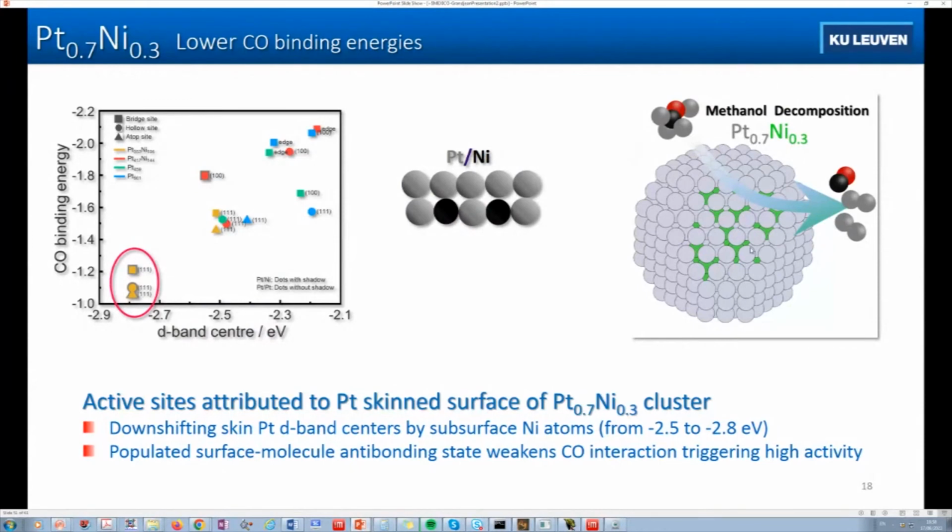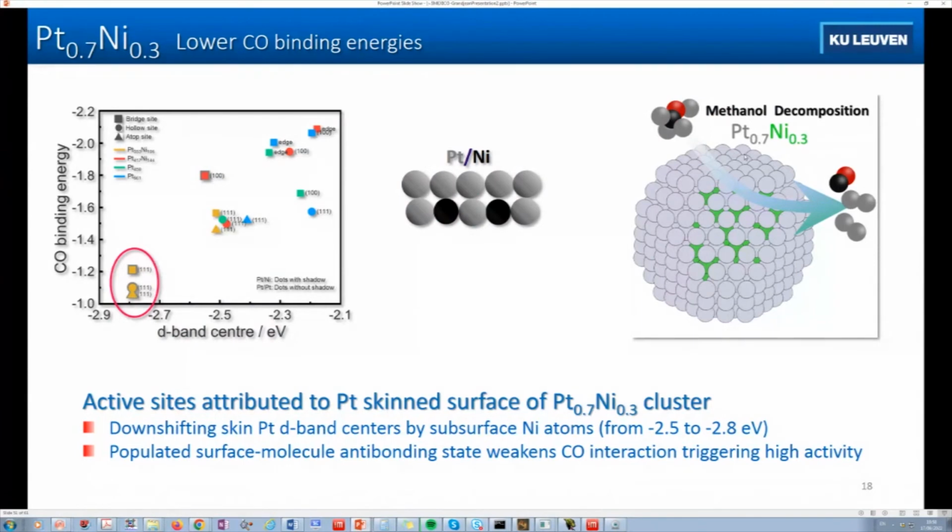And because we know also that at this composition, platinum should be on the surface. There are several proofs: we saw the electron microscopy, we saw the desorption, the XPS. It's pretty clear that platinum is mostly on the surface. So we came up with this model of a Pt skin.